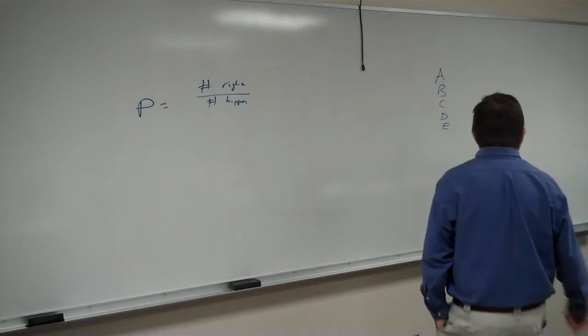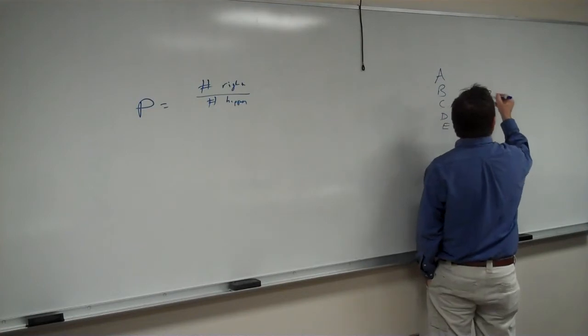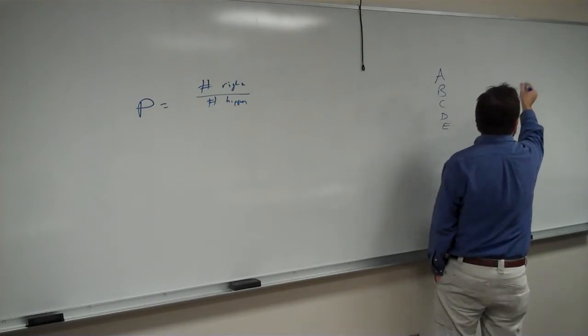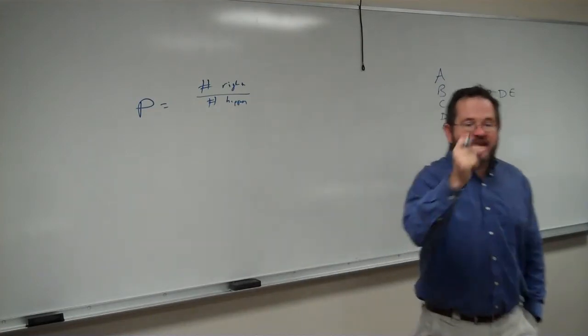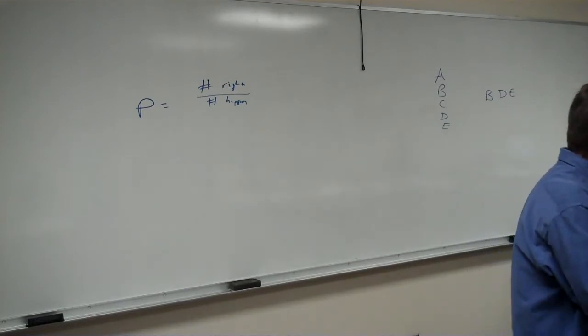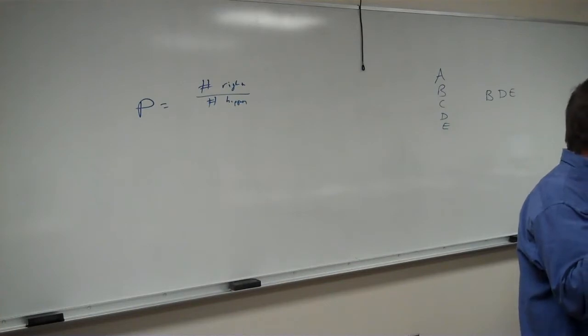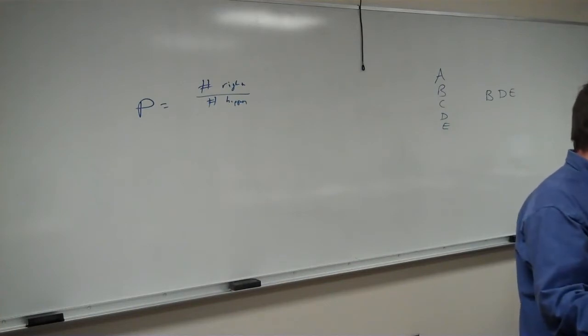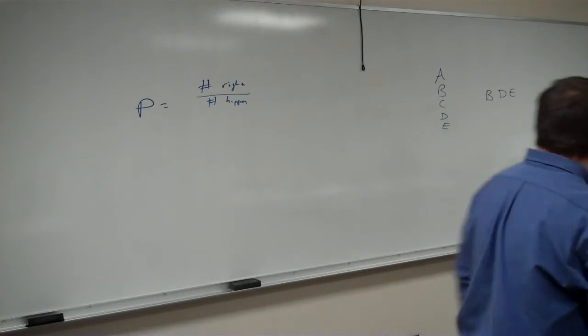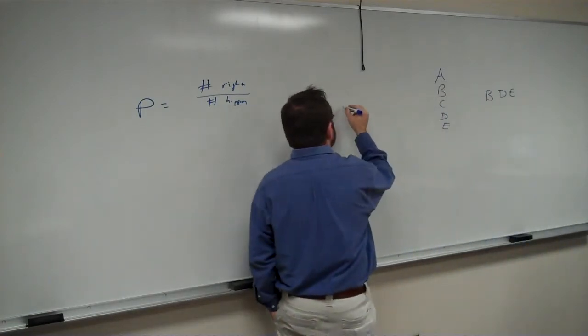What is the probability that I'll get biology, Dutch, and English? Well, that is one combination out of however many. There's only one way it can go right: I pulled out biology, Dutch, and English. Out of all the combinations that there could be, how many combinations are there?